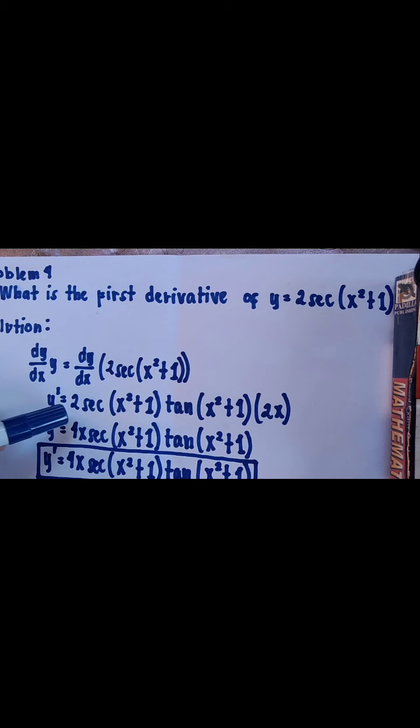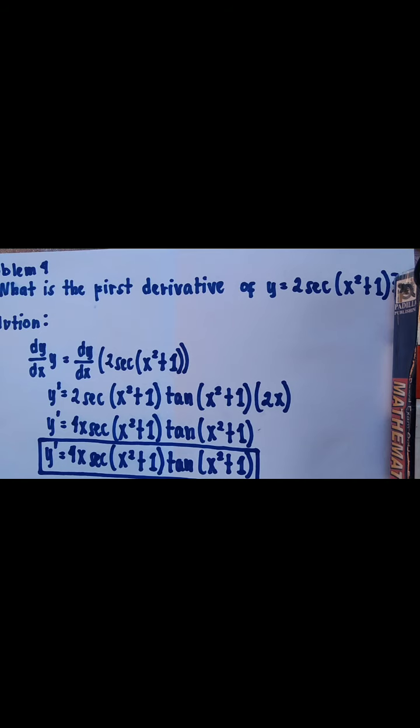So 2 times 2, therefore 4x secant of (x squared plus 1) times tangent of (x squared plus 1).